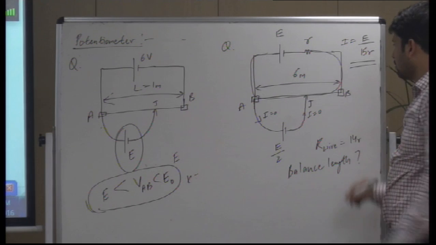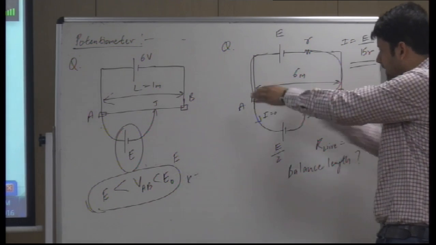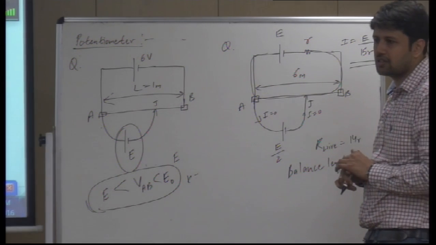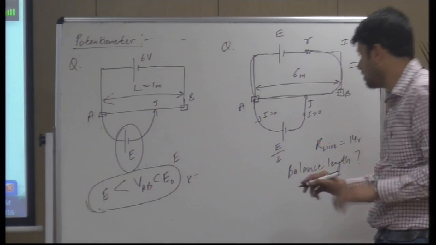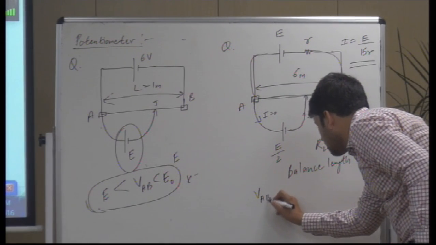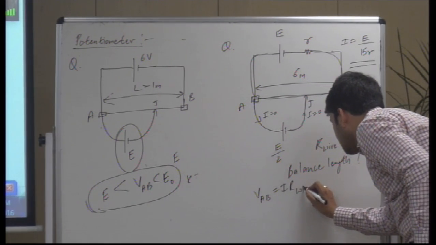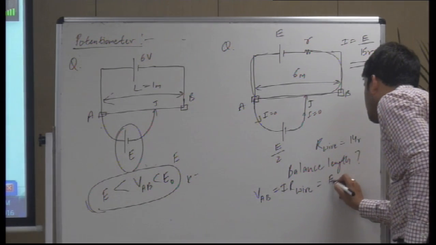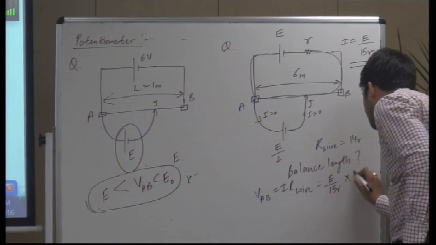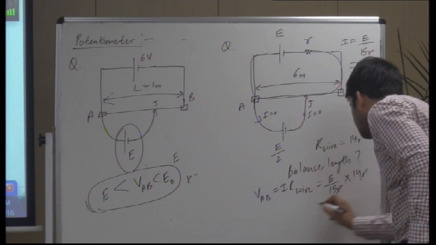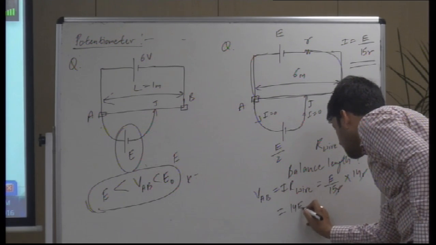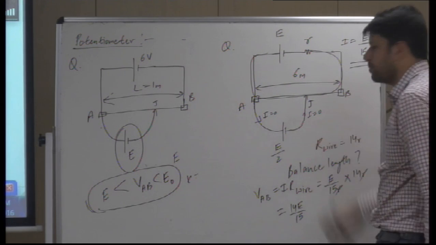So voltage across the AB portion. AB has a resistance of 14 R. So VAB would be I into R wire, which is E by 15 R into 14 R, so 14 E by 15. This is VAB.